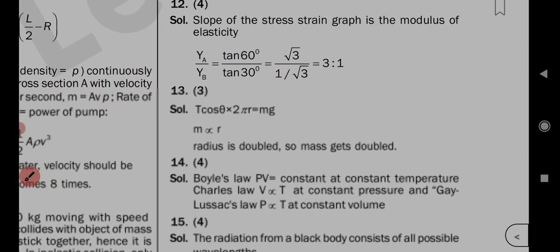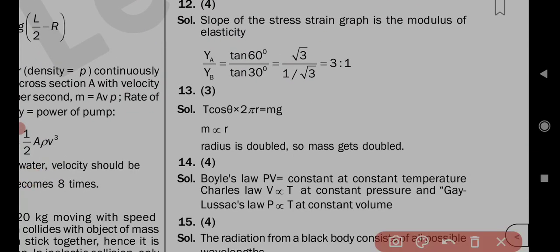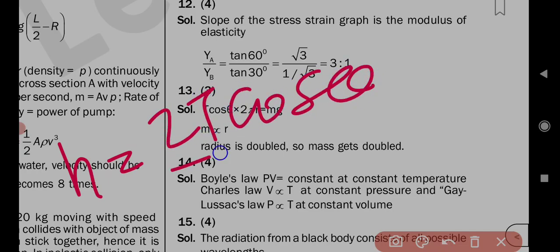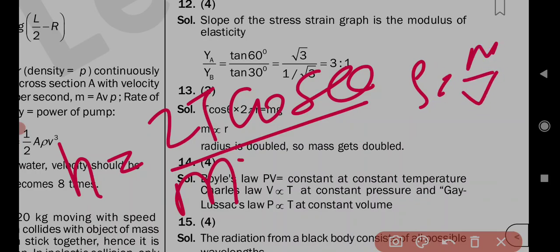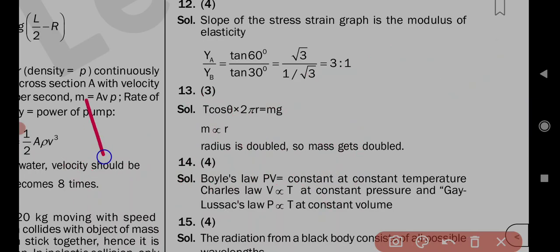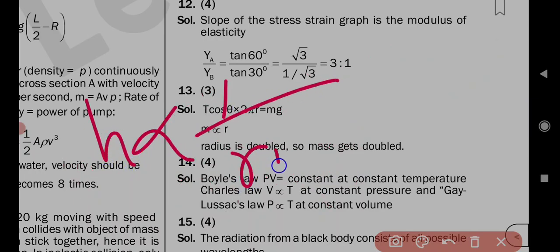If I substitute in the equation guys, what you'll get is h is equal to 2T cos theta by rho r g, and instead of rho we'll write mass by volume. So volume will be here, and this is mass into r g. If you check this, h is inversely proportional to r mg.